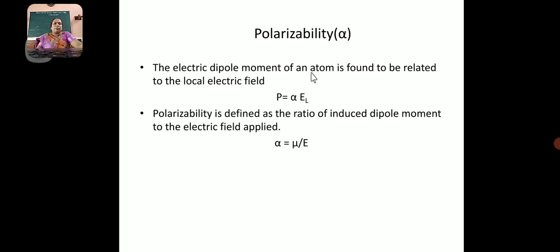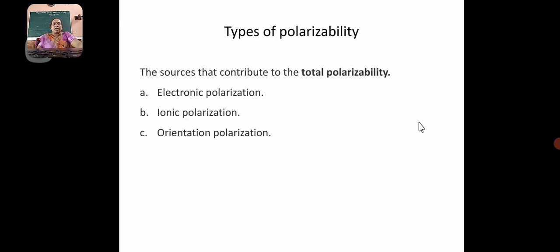The electric dipole moment of an atom is found to be related to the electric field. Alpha is the proportionality constant, polarizability, defined as the ratio of induced dipole moment to the electric field, that is alpha is equal to mu by E.